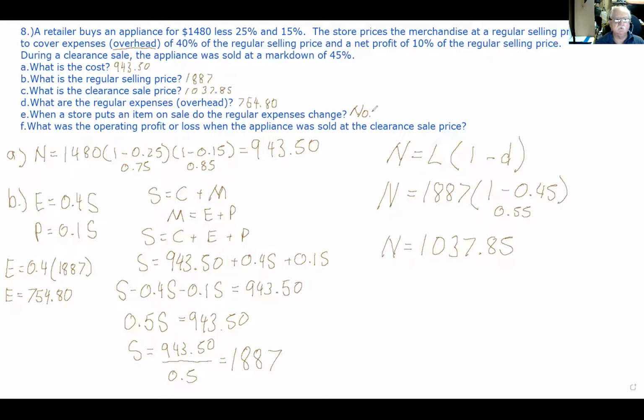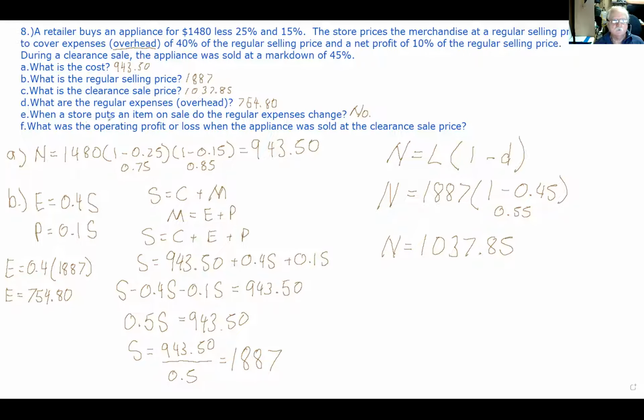But if you put one item on sale, none of those expenses changes. So whenever you're calculating the expenses, just because they've put something on sale, the regular expenses do not change, which is why we put 1887 in here, not 1037, right? The regular expenses do not change.